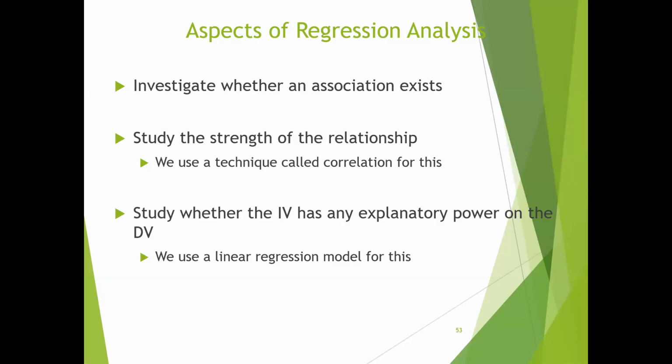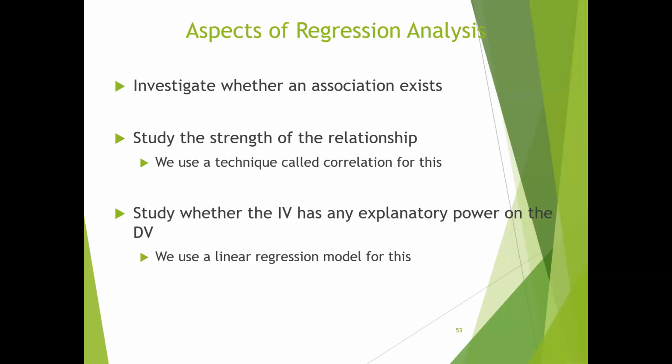A correlation is a statistical technique for assessing a relationship between two quantitative variables. When a correlation spits back a number that ranges between 0 and 1 in absolute value, that number merely talks about the strength of the association between two variables.